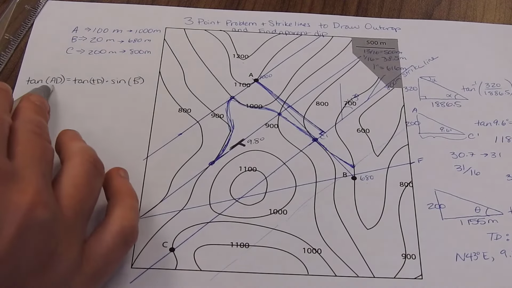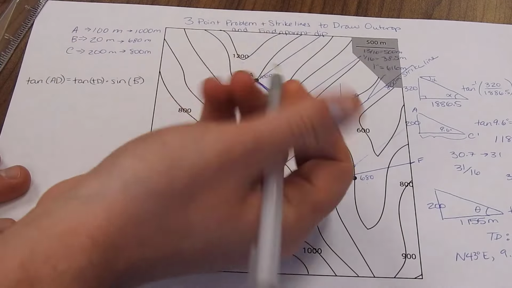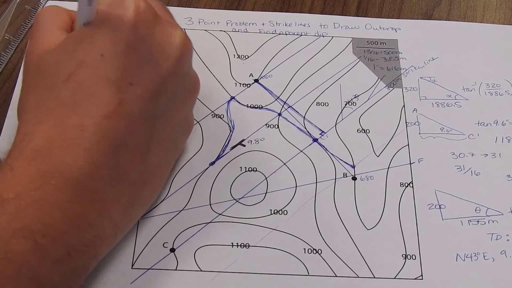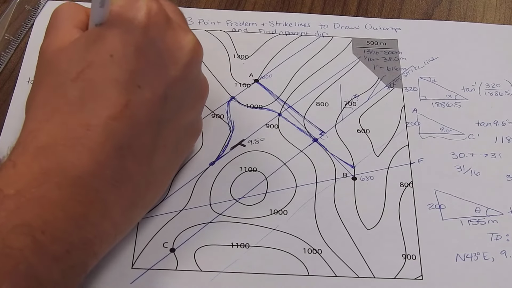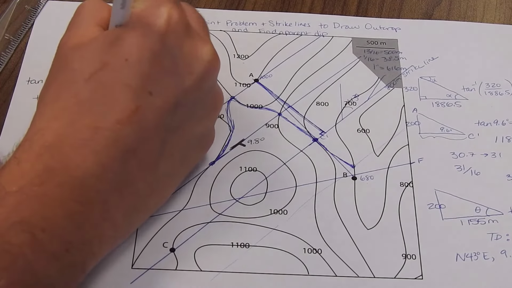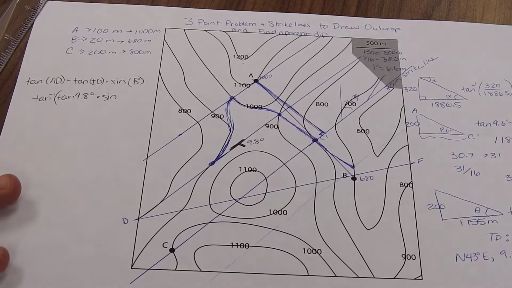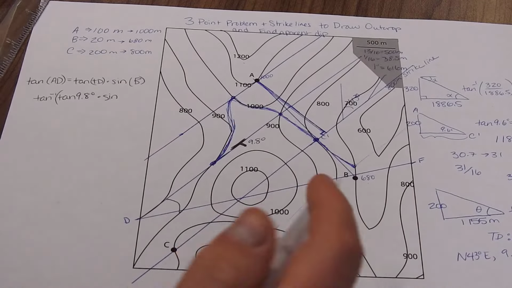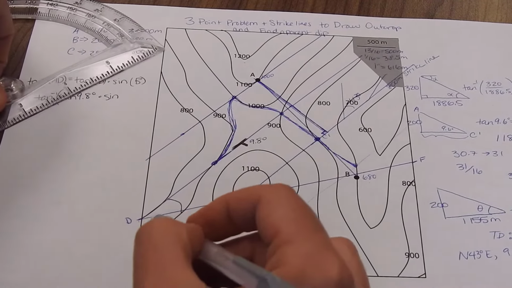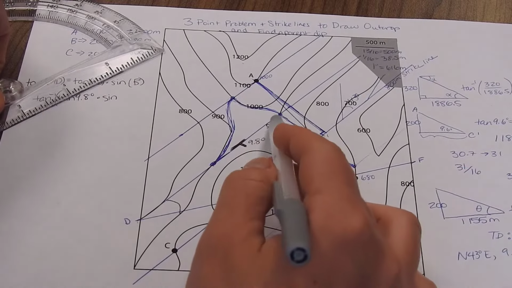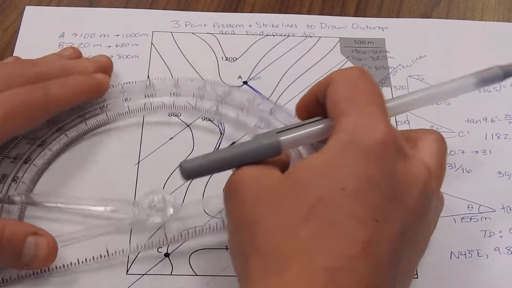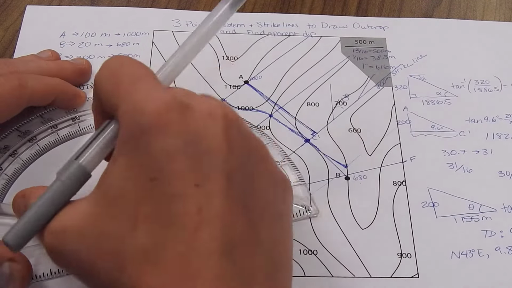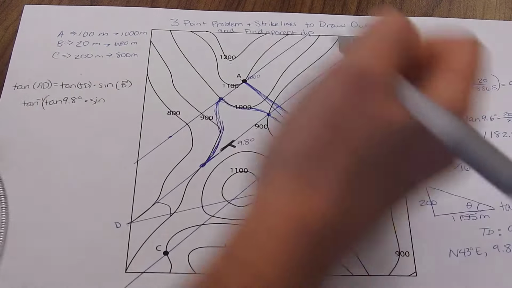Here we want apparent dip, so we're going to do inverse tangent. Tangent of 9.8 degrees times sine of whatever this angle is. This is the line we're making our cross section on. This is the line of strike. I get 30 degrees.